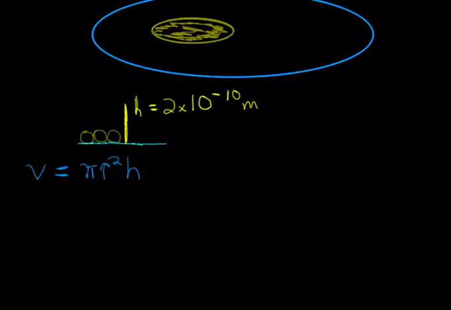But we were also told the volume was initially 1 liter. So we know this is going to equal a liter of oil. So we kind of have our equation set up for us nicely. It's just that h is really small. So we should assume that r is going to be very large. It's one of the things we can look for on this.